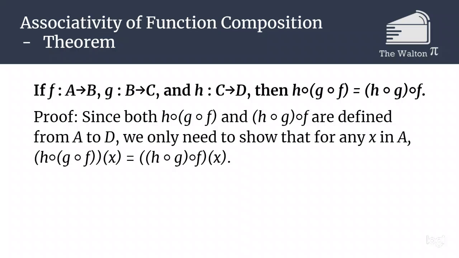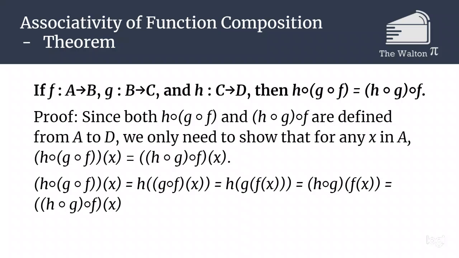Because both of them are going to be functions from A to D, we just need to show that for any x in A, (h ∘ (g ∘ f))(x) is going to be equal to ((h ∘ g) ∘ f)(x). We have to show that that is true for any x. So if we go through and do that, it basically just turns into sending everything down into h(g(f(x))), and then undoing the definition of h of g.